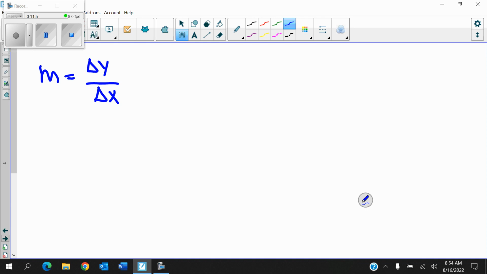So the final value is f of x plus delta x minus f of x. Would that not be the change in y? Whatever the initial value was for x, add on, not subtract, add on delta x. So that's the new value for y. Subtract away the old value of y, f of x, or f at x.